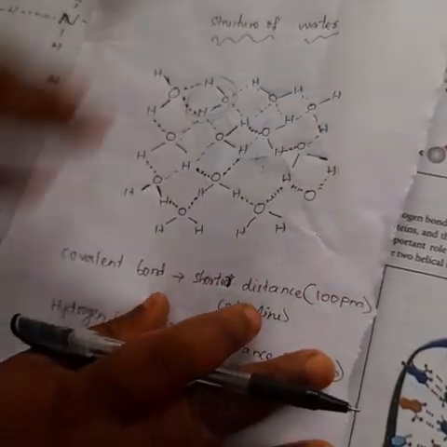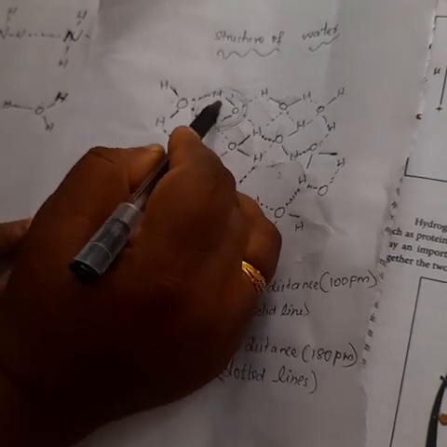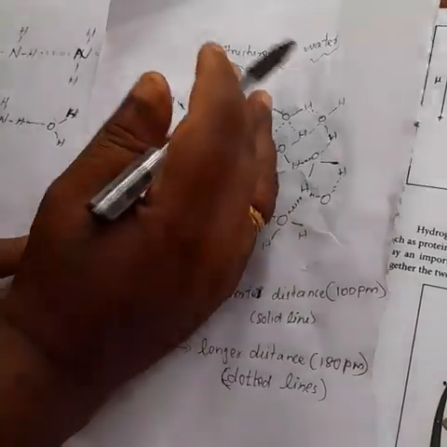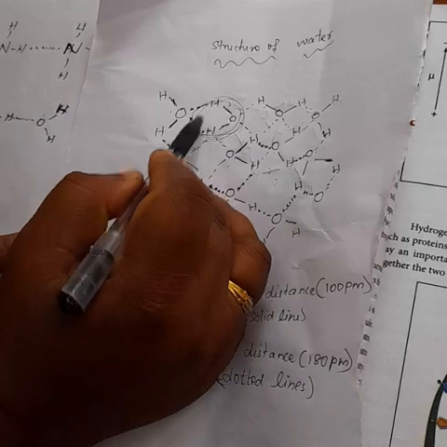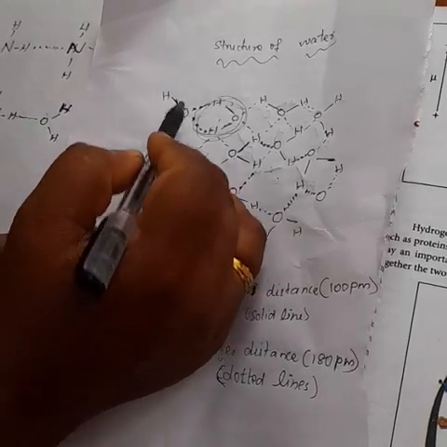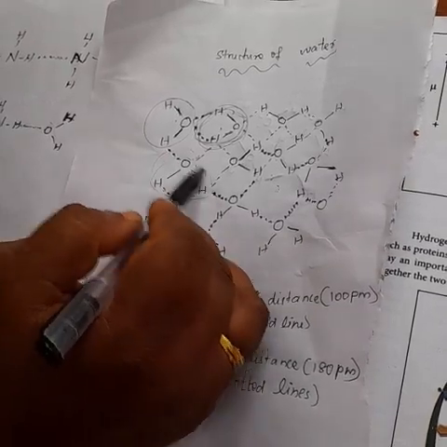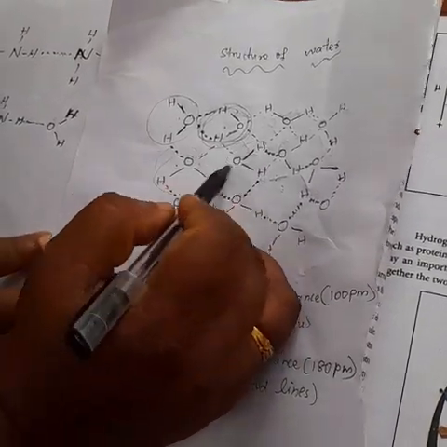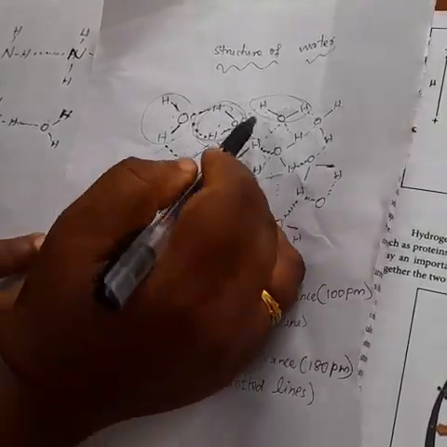For example, each water molecule is linked to 4 others through hydrogen bonds. This is one water molecule, and it can link to 4 other water molecules, this one, this one, this one, this one.